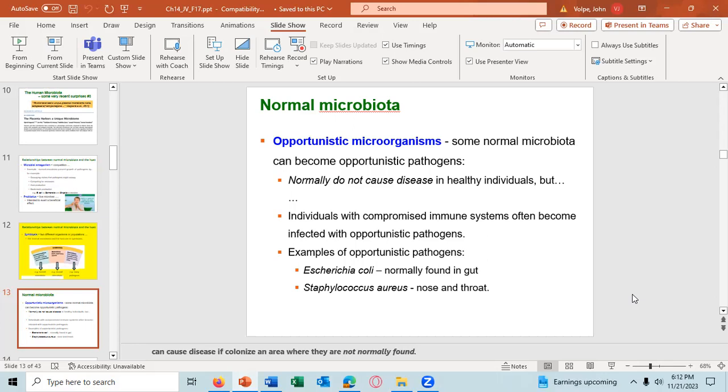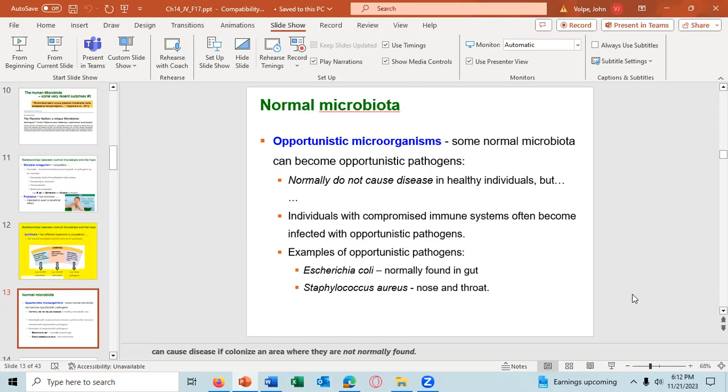The individual may be very unhealthy, like they're about to die, and then they get an opportunistic infection where a species from their normal microbiota grows uncontrollably, and the patient has no immune system or a weakened immune system to keep the bacteria in check.